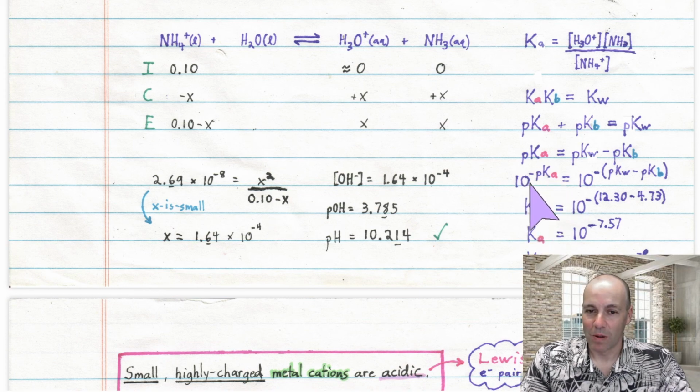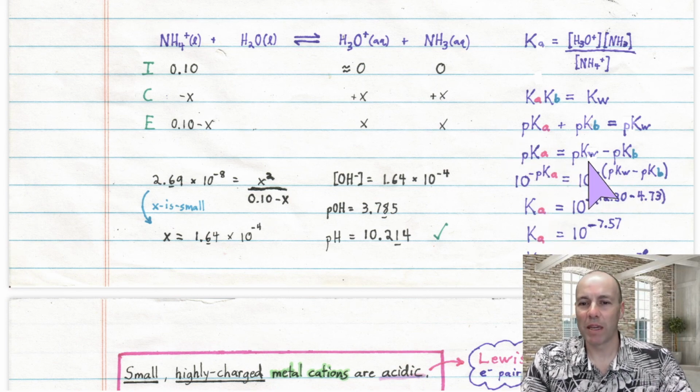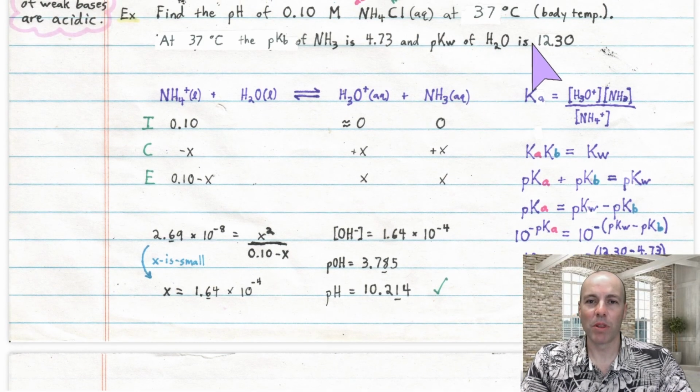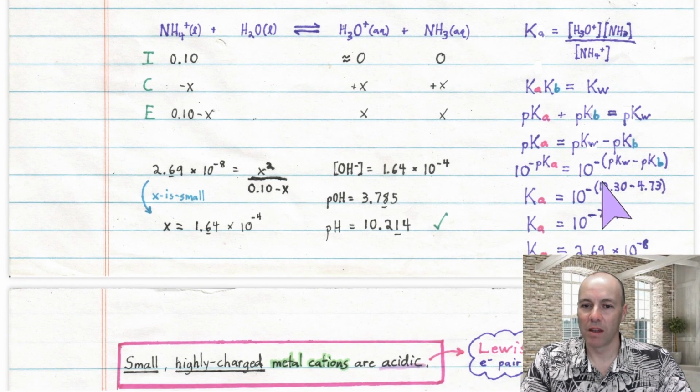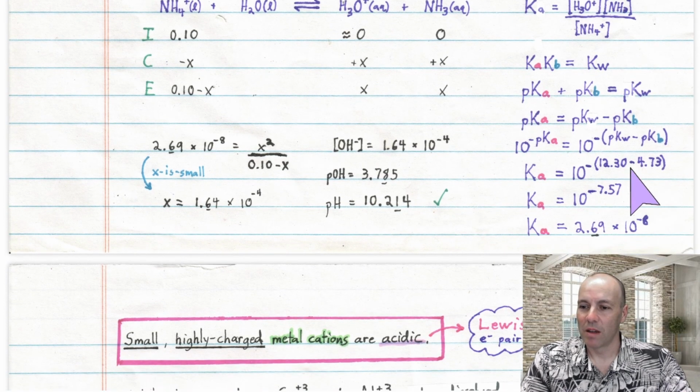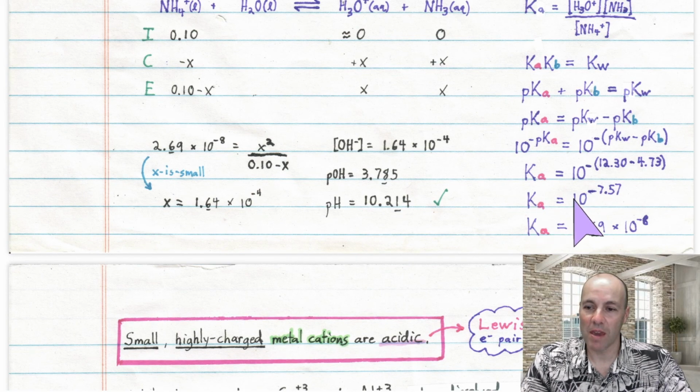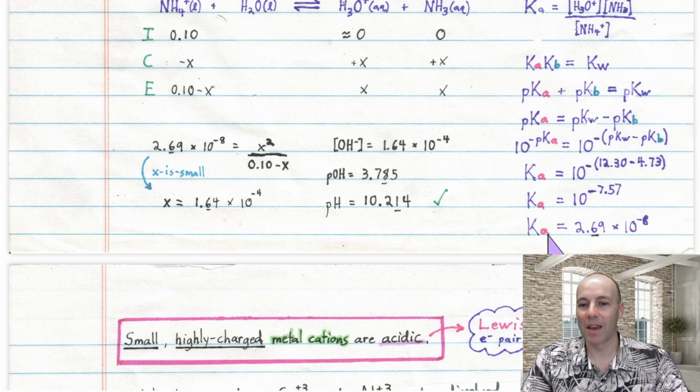So over on the left, this becomes Ka, and over on the right, that's 10 to the negative all of that. So we have the pKw and pKb. Let's just put those in there, 12.30 and 4.73. So let's plug those in. That inside the parentheses is 7.57. So Ka is 10 to the negative 7.57, and that comes out to 2.7 times 10 to the negative 8. So that is the Ka of the NH4+, and that's what we plug in right here.